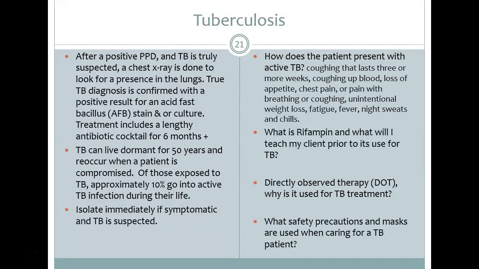So please be aware that TB can be in a patient's body, and yours as well, for up to 50 years without becoming a problem. It can live dormant in your body for 50 years. Usually if that happens, we'll see TB come out when the patient has some other problem and their immune system is compromised.